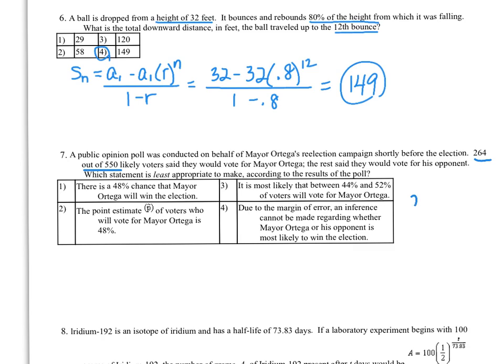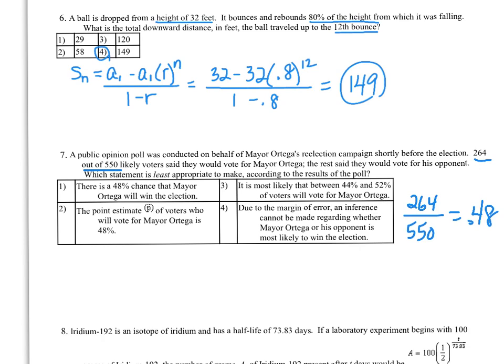So if you do 264 and you divide that by 550, you get, I think it was 0.48, right? Yeah, 0.48, which is 48%. Now here's the thing. If you read choice 1, it says there's a 48% chance that Mayor Ortega will win the election. That's not the case.